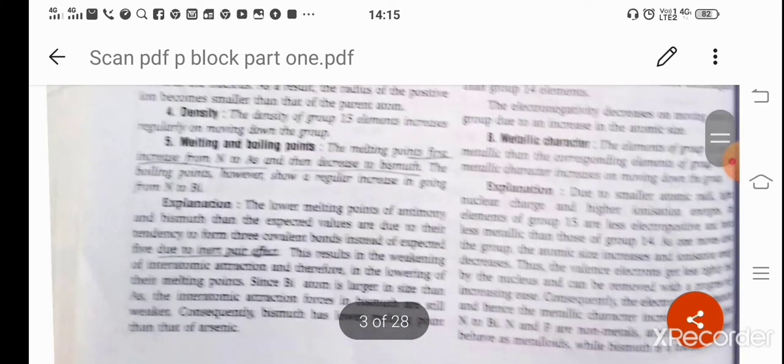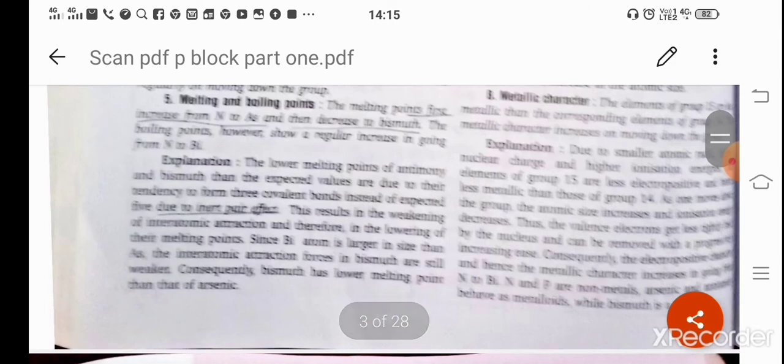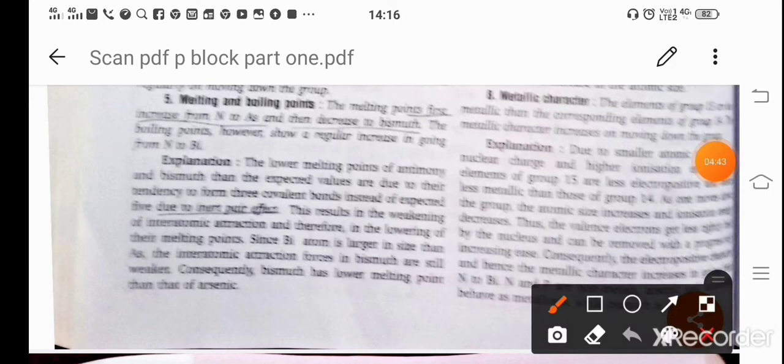Then coming to the melting and boiling point. Melting and boiling point has a specific order here. The melting point first increases from nitrogen to arsenic and then decreases to bismuth. The reason is the availability of bonding: down the group, only 3 electrons are available due to inert pair effect.